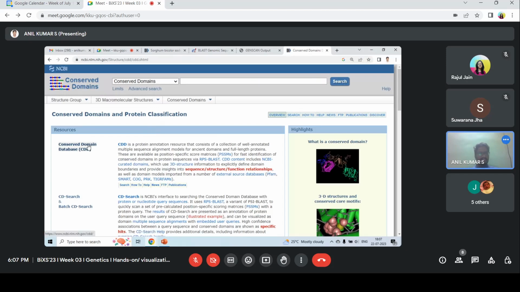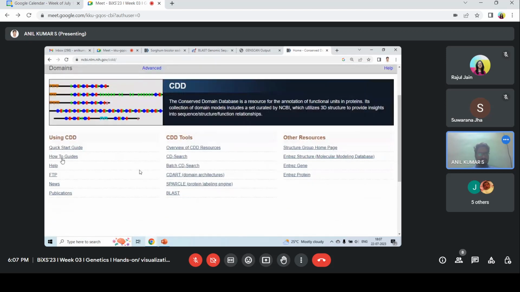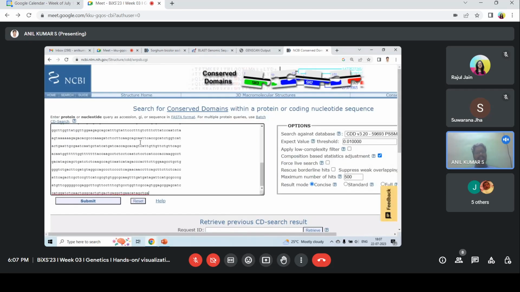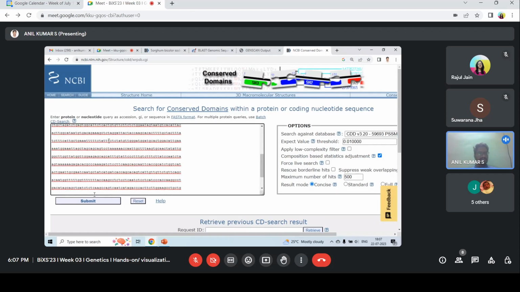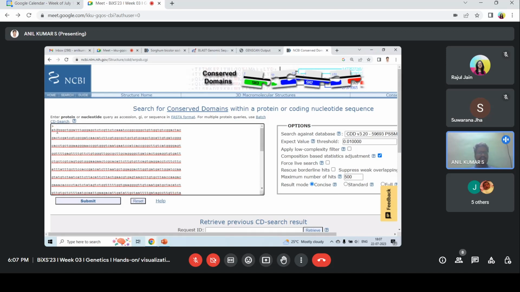Simply go to the CDD search, the Conserved Domain Database, and submit your sequence here. You can submit both nucleotide as well as protein sequences. I'm submitting in FASTA format. Without FASTA format also you can submit, but it's better to submit in FASTA format.